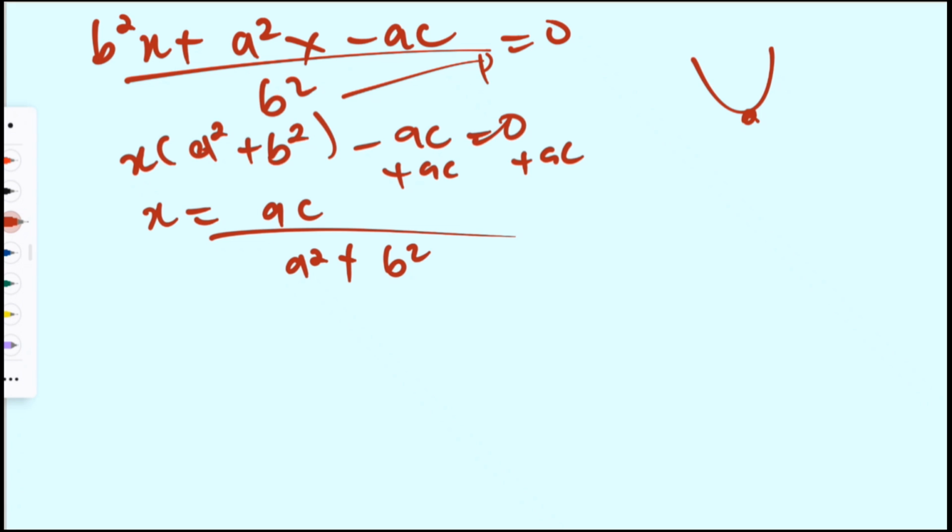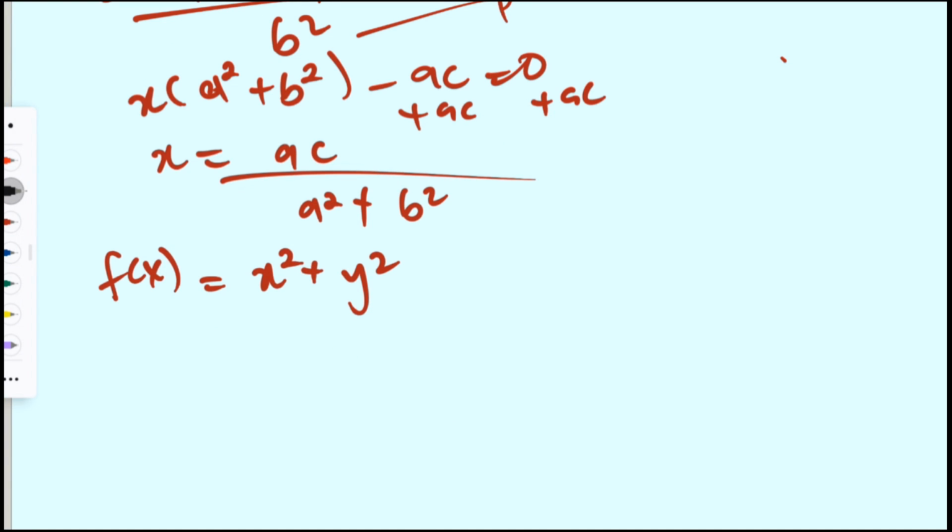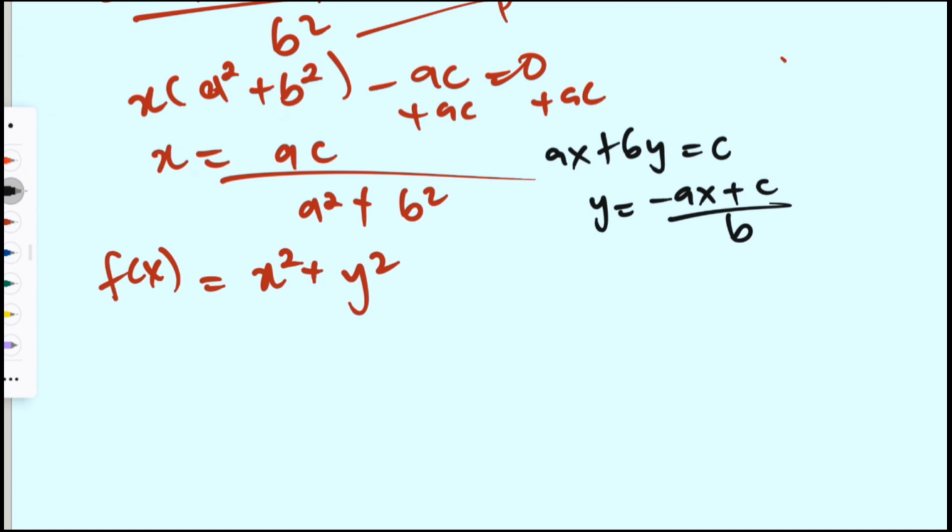So we're trying to get the minimum value of the function x squared plus y squared, right? Since we have to substitute the value of x back into the original equation, and yet again we still have y, we need to replace this y because we actually made this a function of x, right? So let's replace the y. We had ax plus by equal to c, and then y was negative ax plus c over b.